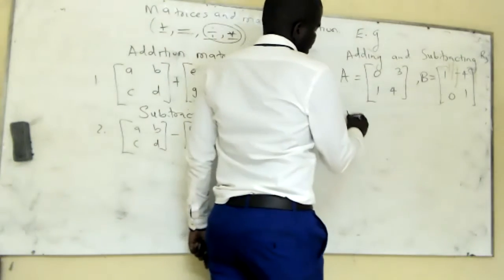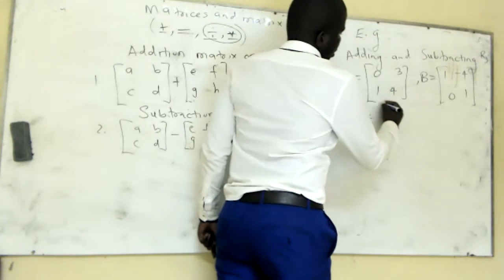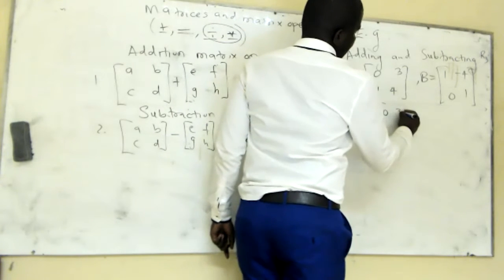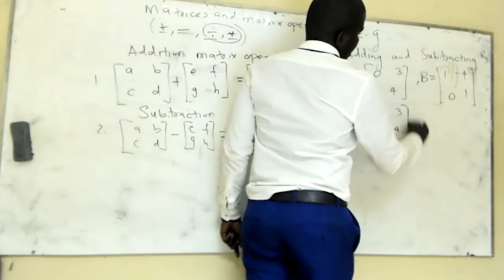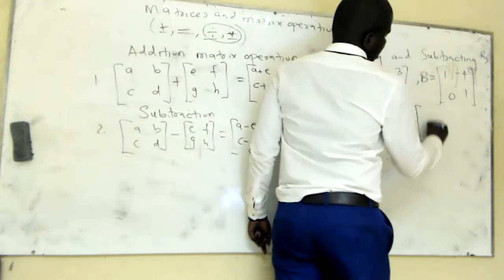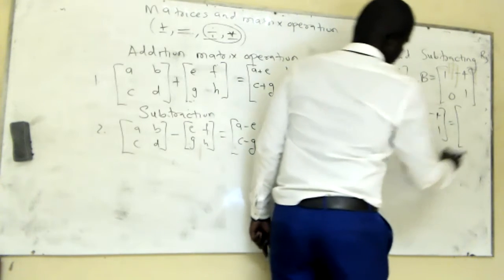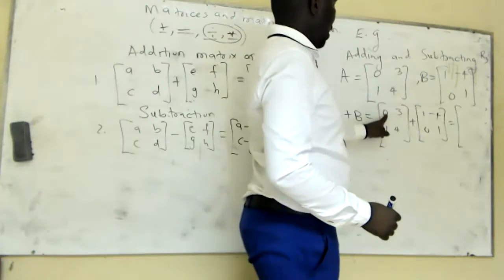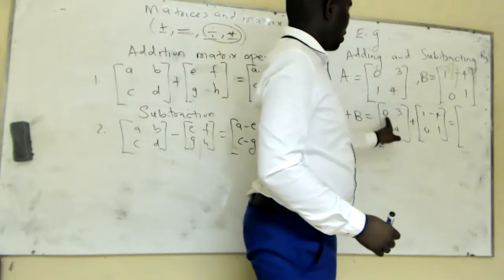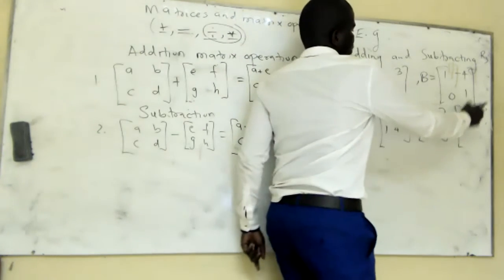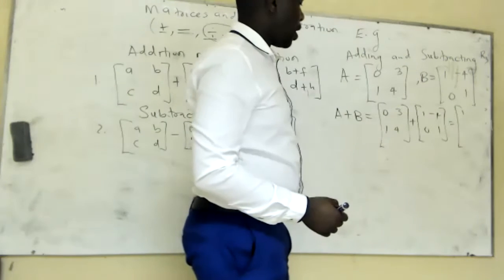So we're going to have A plus B, which will be 0, 3, 1, 4, and then plus 1, -4, 0, 1. So now with this, it means you're going to add 0 and 1. 0 plus 1 gives you the first component there, which is 1.